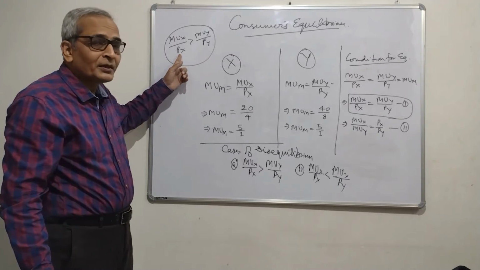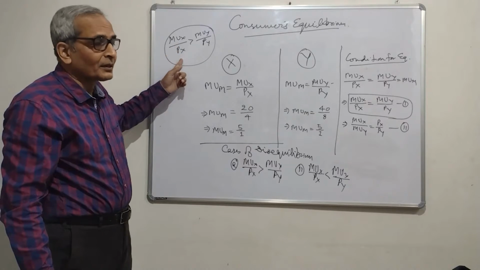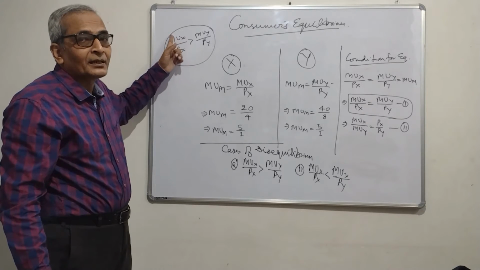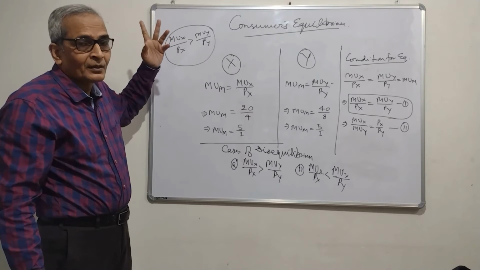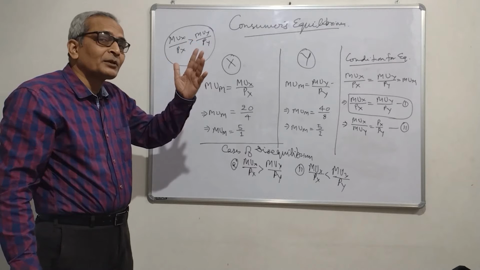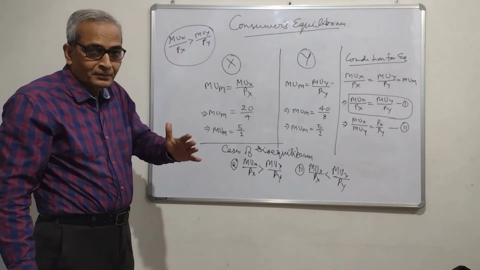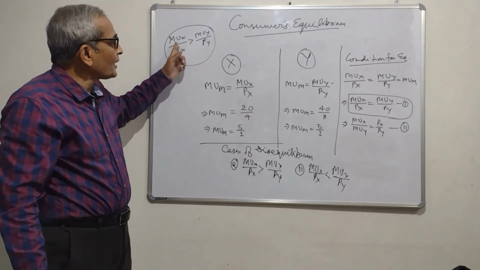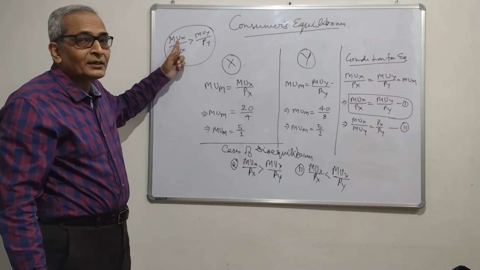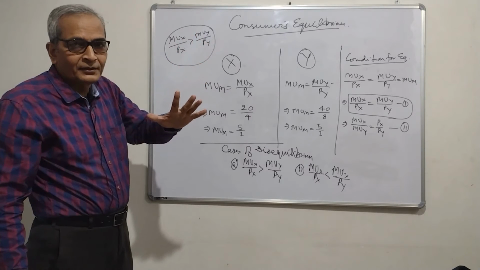Obviously, since the consumer is deriving more utility from X, the consumer will increase the consumption of X. The budget is limited, so if we increase the consumption of one commodity, the consumption of another commodity will come down. So the consumer will increase the consumption of X and decrease the consumption of Y, right?